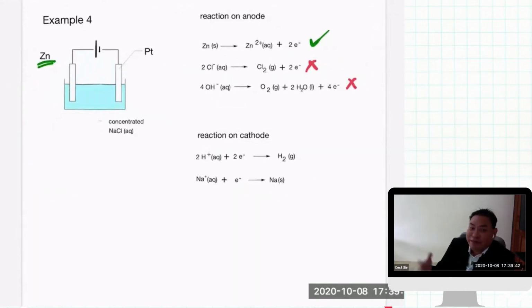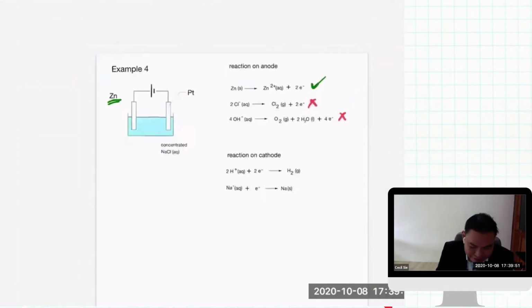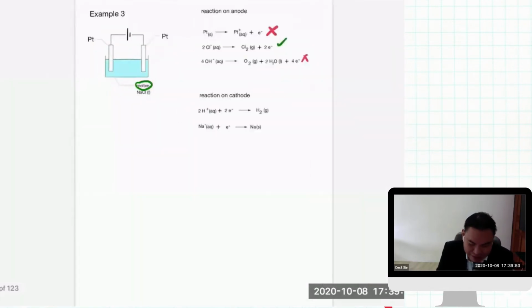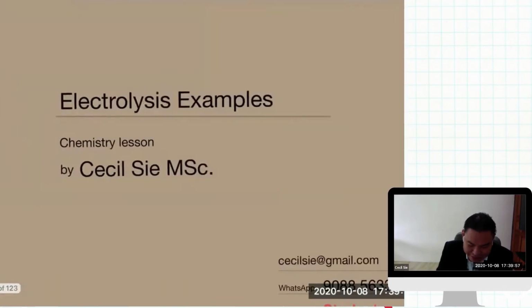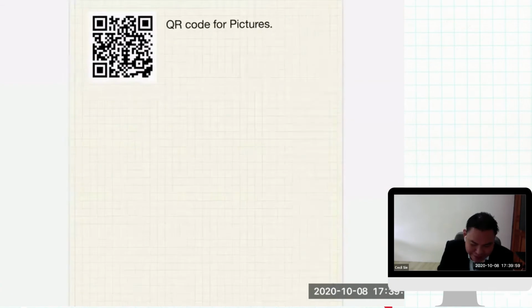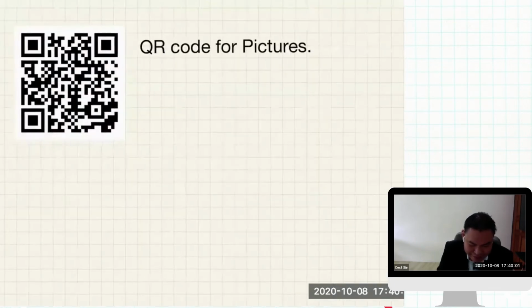We did 4 examples on the reaction of anodes only, right? Only on anodes. The cathodes will be on the next video. Now we quickly recap. You can scan again if you need.